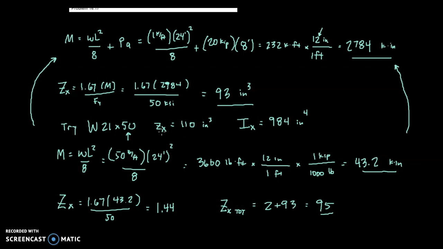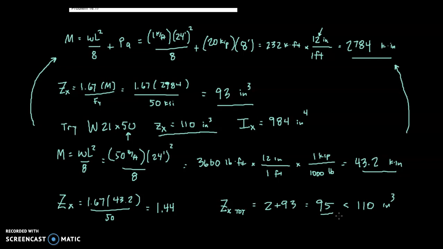Well, if I go back and look at the W21 by 50 that I selected, it has 110. That's what we are providing: 110 inches to the third of section modulus. So is a W21 by 50 still good? Yes, it is. So I think I'll stop there and continue this problem with a second video.